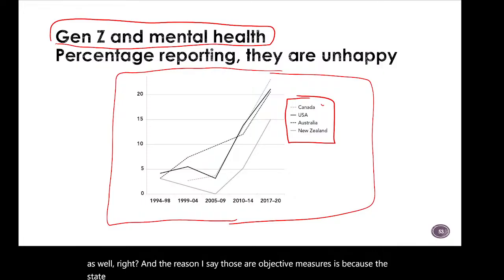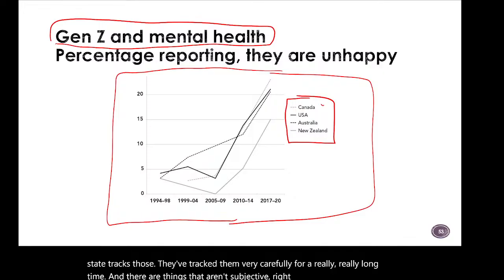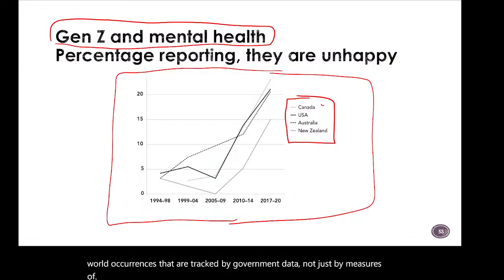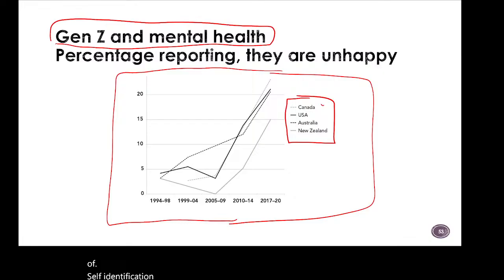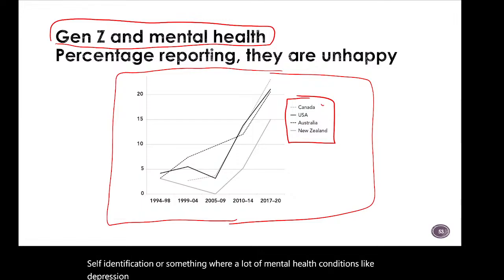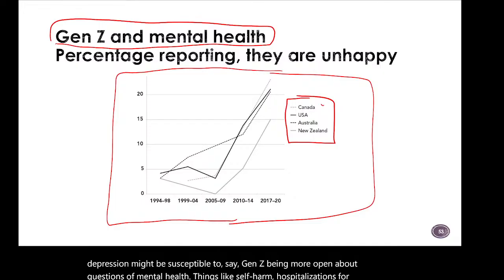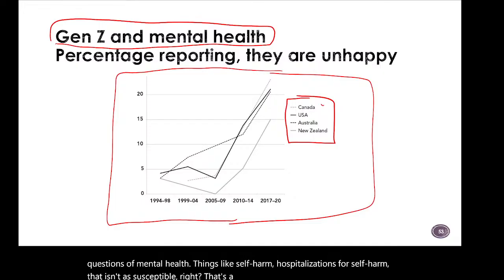They've tracked them very carefully for a really, really long time. And they're things that aren't subjective, right? These are actual real world occurrences that are tracked by government data, not just by measures of self-identification, where a lot of mental health conditions like depression might be susceptible to, say, Gen Z being more open about questions of mental health. Things like self-harm, hospitalizations for self-harm, that isn't as susceptible, right? That's a pretty objective measure at the end of the day.